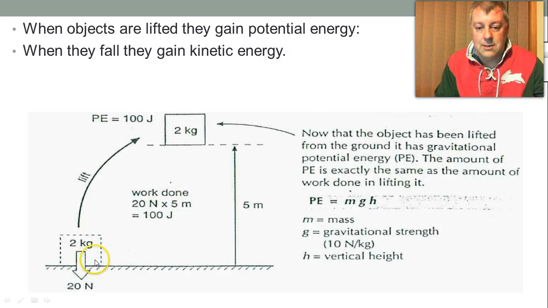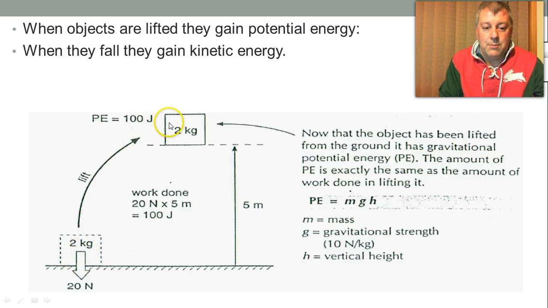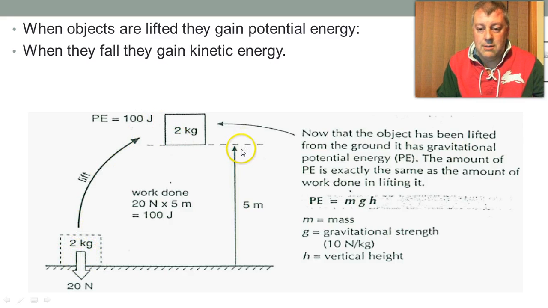So this is another example. In this case we're just taking a 2 kilogram box, lifting it up onto a bench or a tabletop or something which is 5 meters high. So the work done, because we're applying a constant force, moving an object up 5 meters, is now the weight force, 2 kilograms times by gravity, I think they're using 10, we would use 9.8, is approximately 100 joules, so that's the work done.